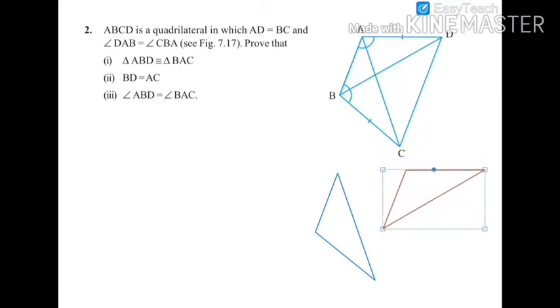So I am going to separate these triangles and draw them on the sheet. So here is triangle ABC. And here we have triangle ABD.